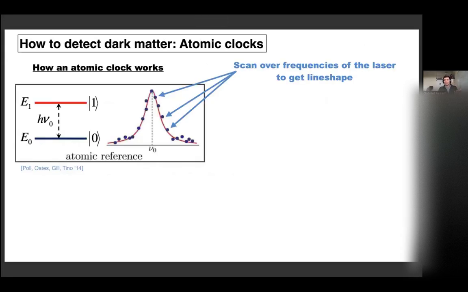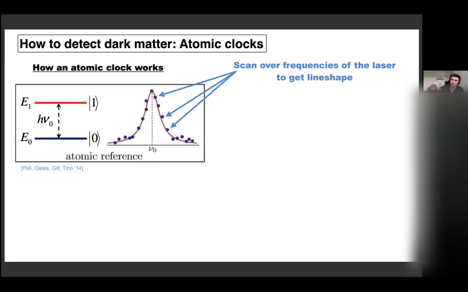How can you detect this? This is the theoretical framework and the EFT idea, but how are you detecting this? First, I'll give a little introduction on how atomic clocks work, because essentially you can detect this through atomic clocks. The idea of an atomic clock is simply that you take atoms and you shine a laser on them.